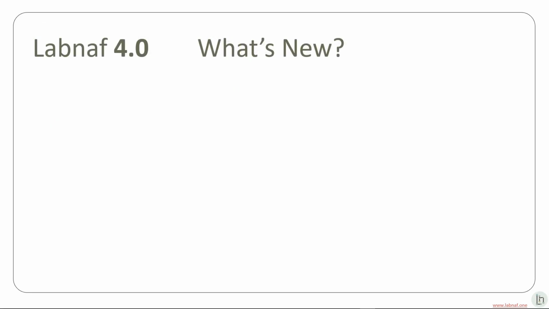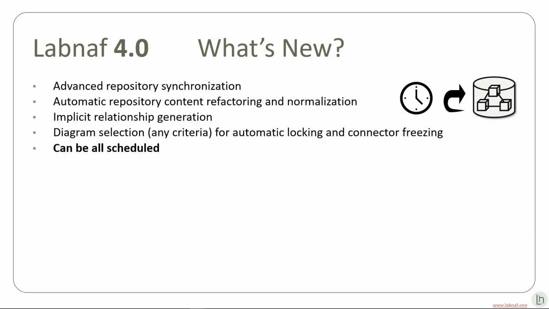We are already reaching the end of our presentation, and now let's see what's new in Labnaf 4. You know, in architecture we often need to exchange information with the rest of the organization, like IT finance, for example, or with a CMDB. Now, with Labnaf 4, you can address advanced synchronization scenarios.